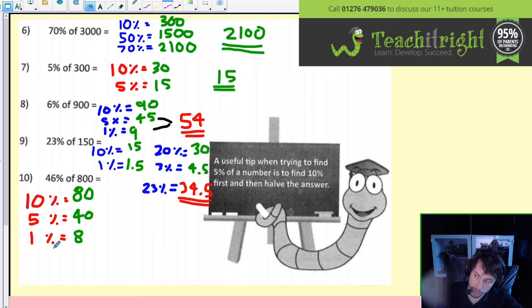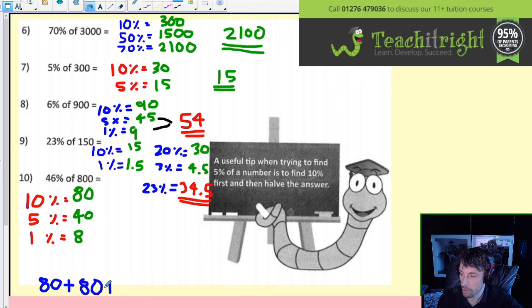Well, I could work out 40 and 6, but actually another way of doing this, which is just equally as cool, and maybe you prefer this, is how many 10% make up 40? Well, there's going to be 1, 2, 3, 4, 10%, so that's my 320.